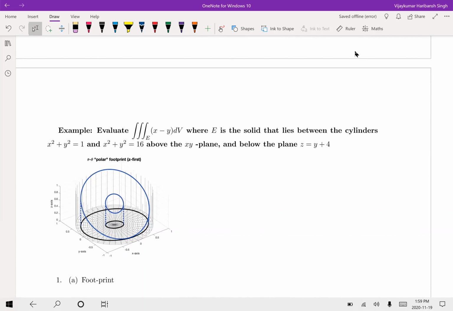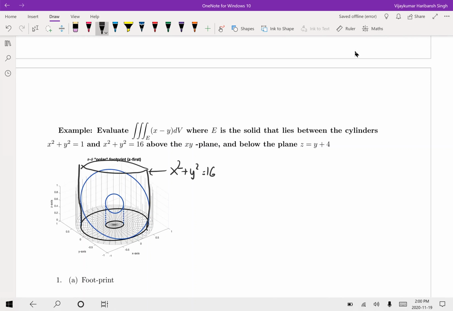So we have the integral of x minus y dV, where E is the solid between the cylinders x squared plus y squared equals 1, which is this cylinder, and the outer one, x squared plus y squared equals 16.